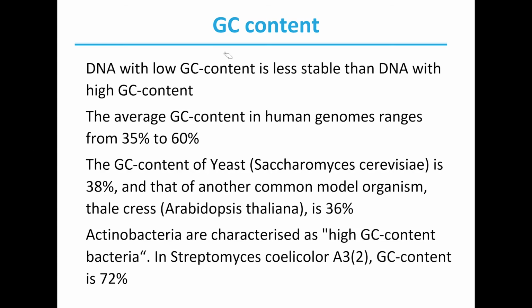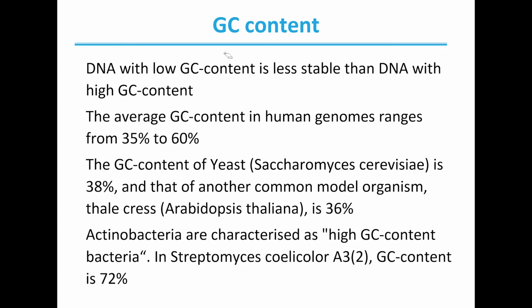When we look at the average amount of GC content in a human, this ranges from 35 to 60, usually around 50%. Now, in other organisms, the GC content is different. So, for example, something like yeast only has about 38% GC.